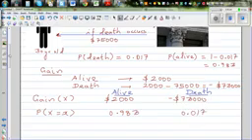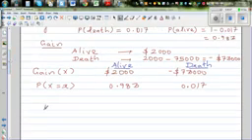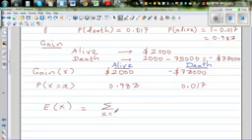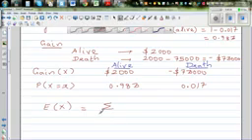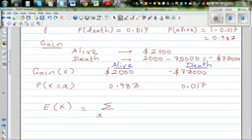So the expected gain, E of x, as you know, would be the sum over i from 1 to n.